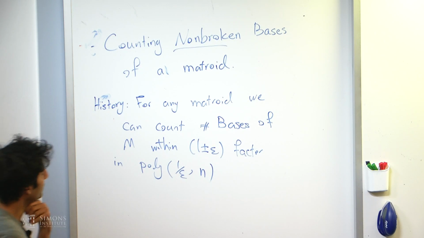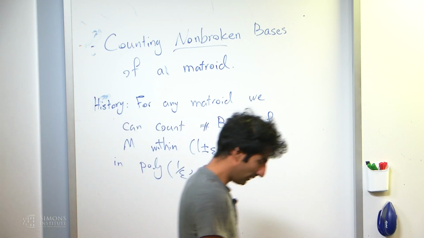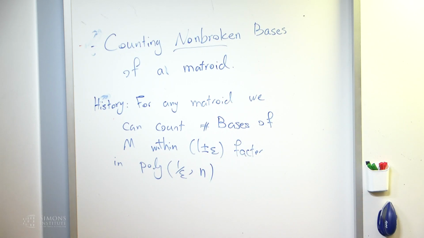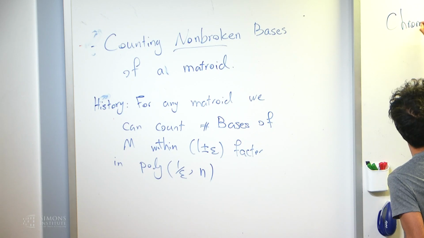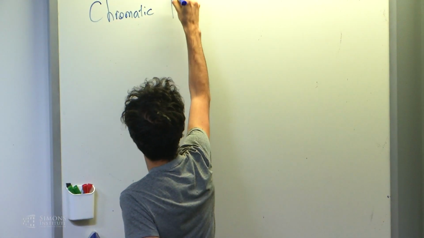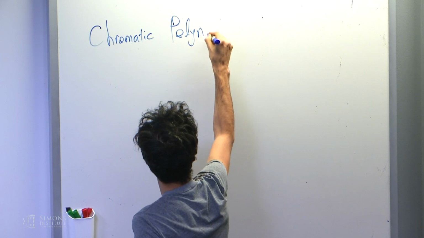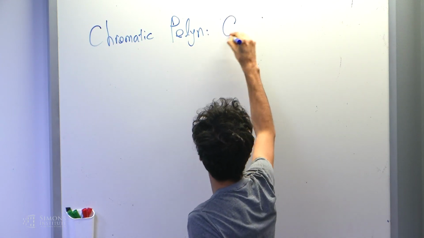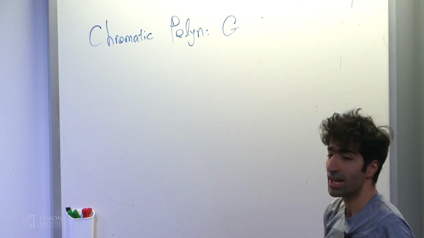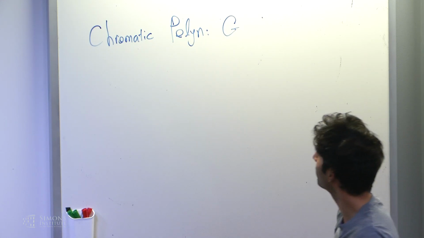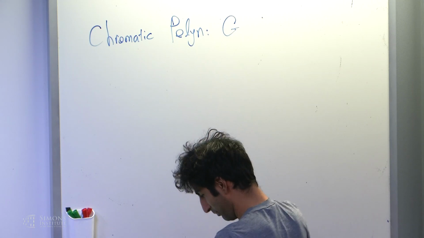So to motivate this, let me first tell you the chromatic polynomial of a graph. If you have a graph G, you can define this univariate polynomial, which counts the number of colorings of that graph. And it's simple to define.